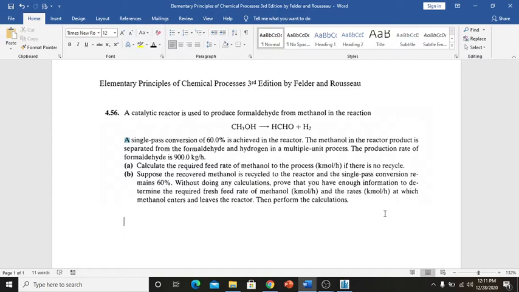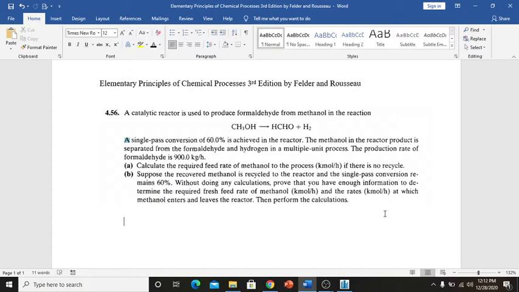Then we are to perform the calculations. If you will be doing this manually, for the letter B, we will be using a formula for the degree of freedom analysis to prove that we have enough information. But now we will be simulating this problem using the DWSIM.